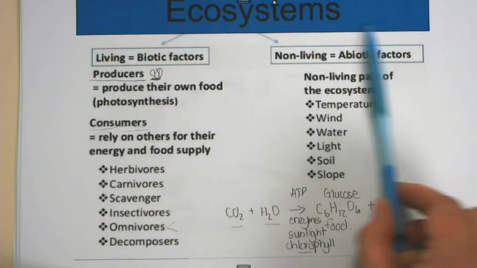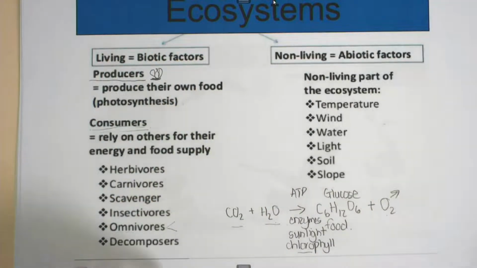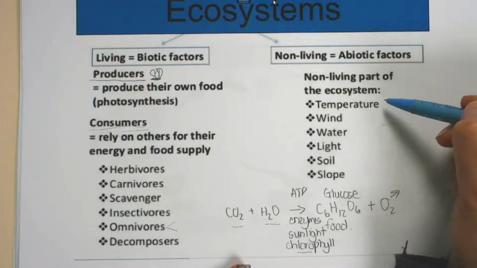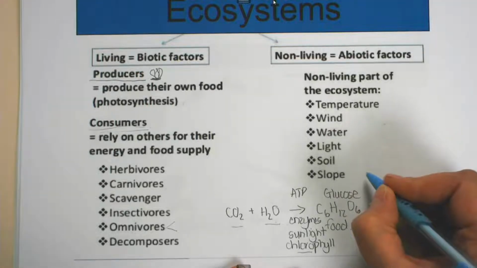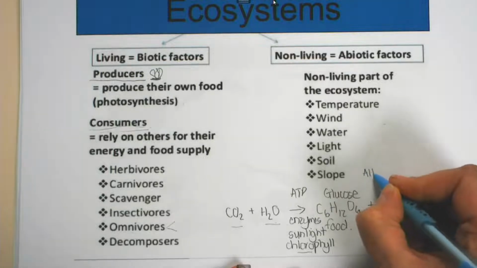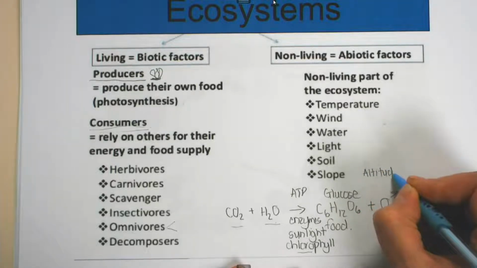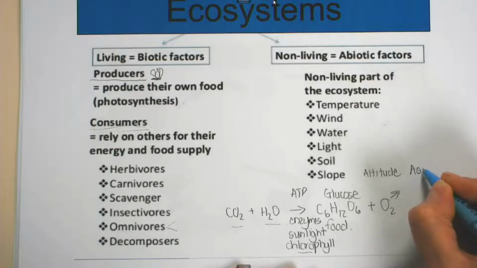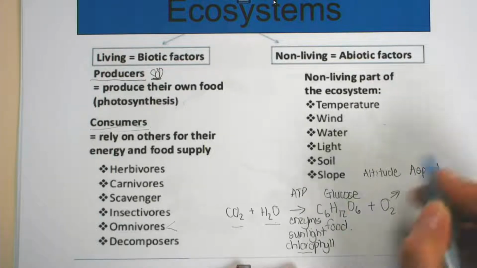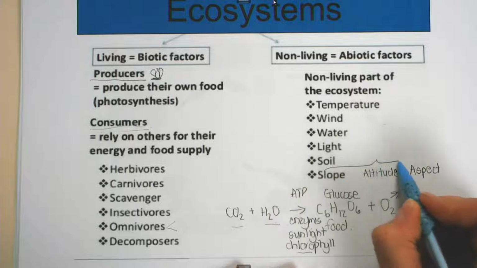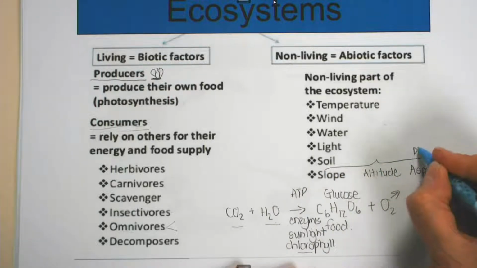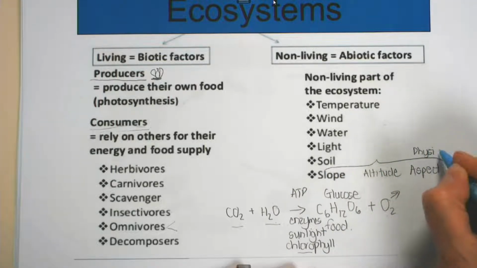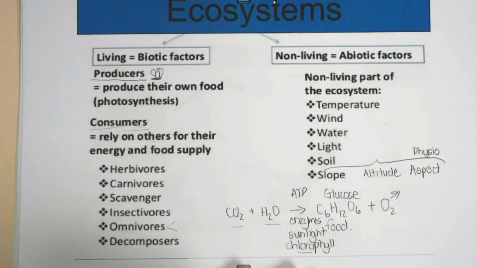The non-living section, the abiotic factors, will be the following. Now let's have a look here. There's one that I'm looking for, altitude and aspect as well, aspect. Now they will be the physiographic section or factors.